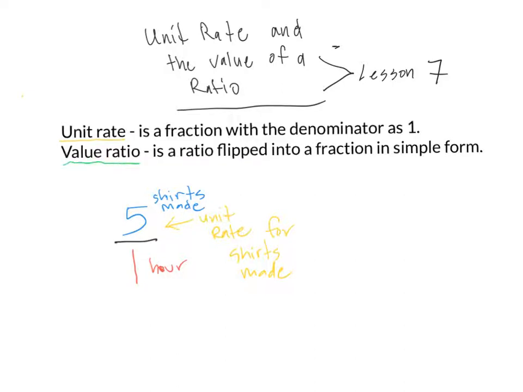And the value of the ratio can be expressed in a very similar way. If it is 5 shirts made for every hour that passes, we can also show the value of the ratio, which is also a unit rate.